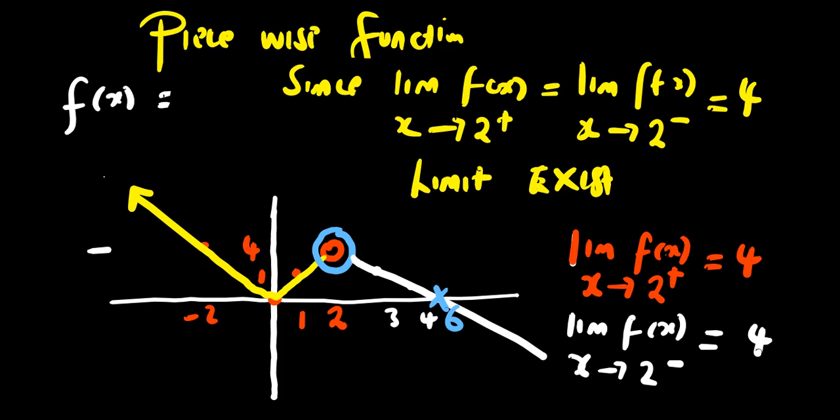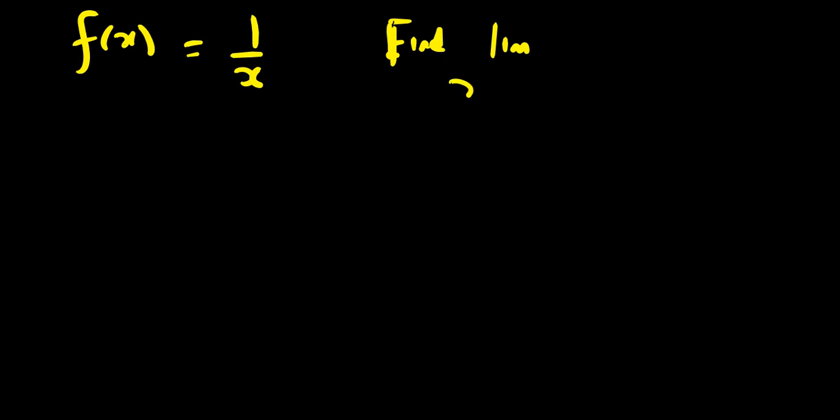Okay, let's solve another question. Let's say you have f of x equals 1 over x, and they've asked you to find the limit as x is approaching 0 of f of x.